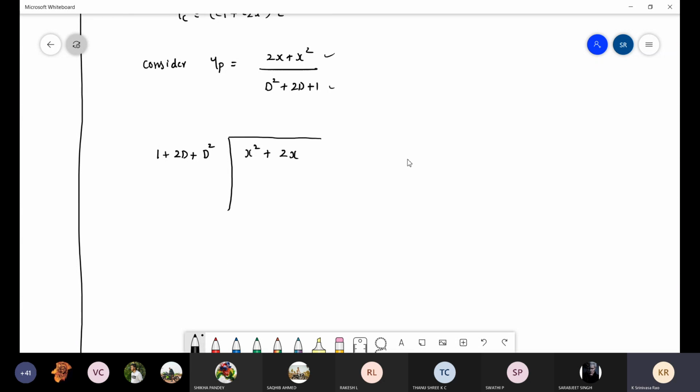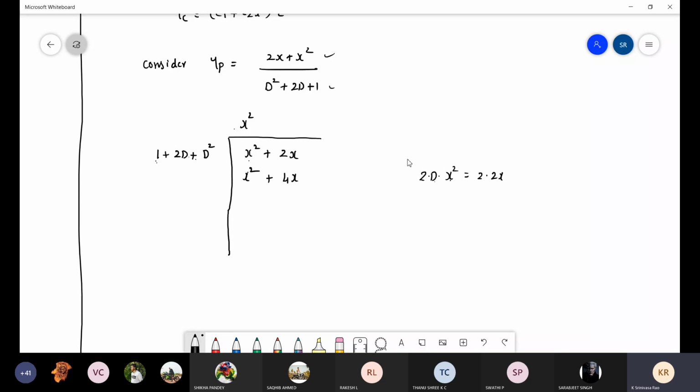I want the first term here as x square. For that I have to multiply by one term. That is simple: first term divided by first term. X square by 1 is x square. You write x square here. Now multiply x square with all these three. First term, no doubt, you will get x square. Next, plus 4x. 2 into 2d into x square is nothing but 2 into the differentiation of x square, which is 2x, so you get 4x.